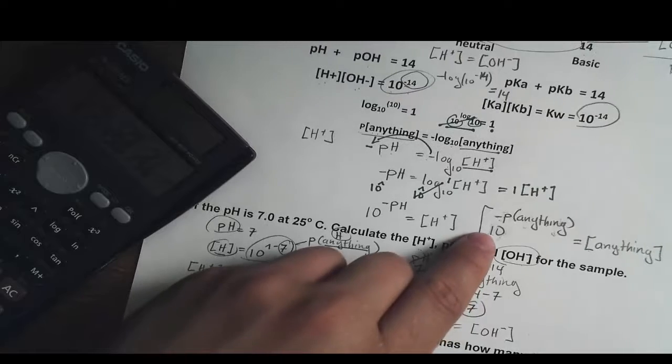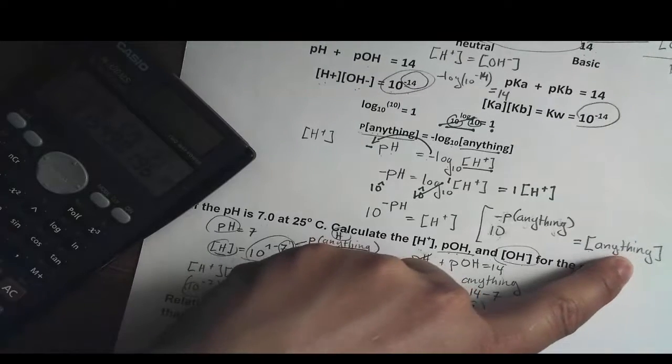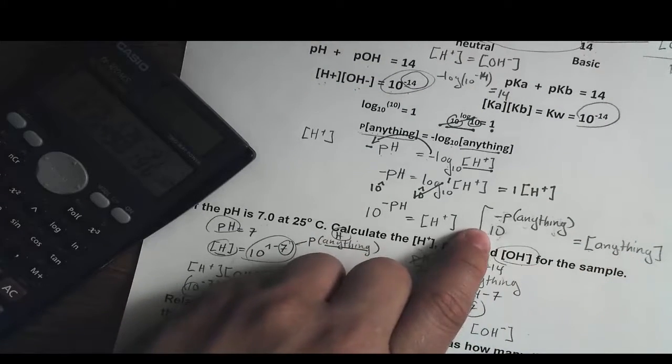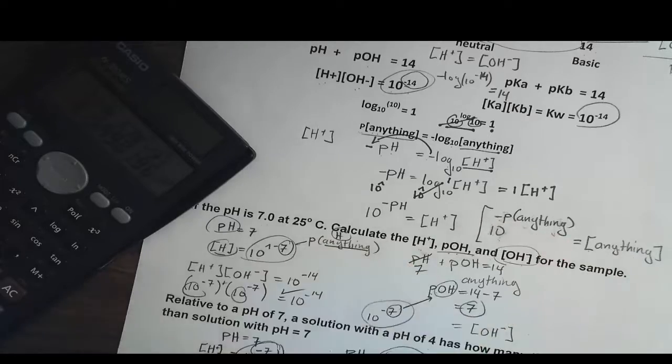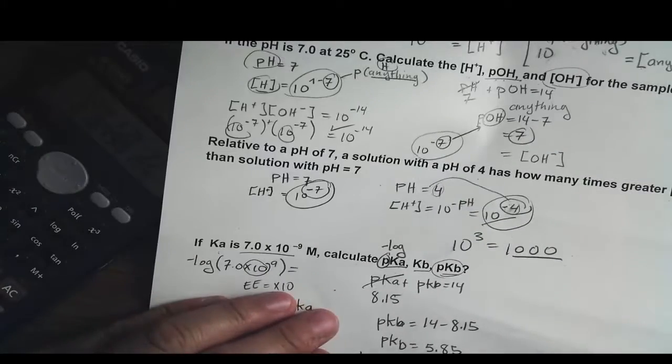Now from there, if we want to solve for Kb, remember going back to that relationship: the concentration of anything is equal to 10 to the negative P of anything. In this case, we don't look for concentration, we're looking for Kb.